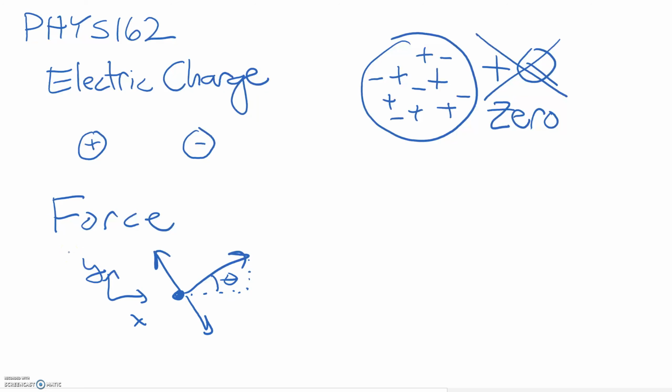This is a new force. It's not like the other forces that you talked about in 161, but other than that, it has exactly the same properties. It's a vector, it has units like Newton, and you can add them as long as you add them like vectors. So this force is called the Coulomb force, after a person named Coulomb, I guess.